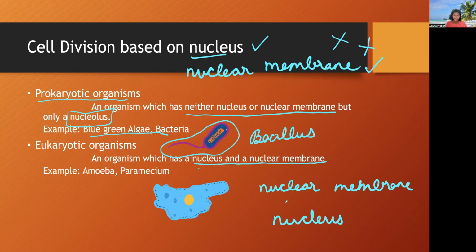So that is like, the cell membrane is selectively permeable. The same way, the nuclear membrane is also selectively permeable. That is, it allows only some things to enter and some things do not enter and damage the nucleus. So it protects the nucleus from outer damage.